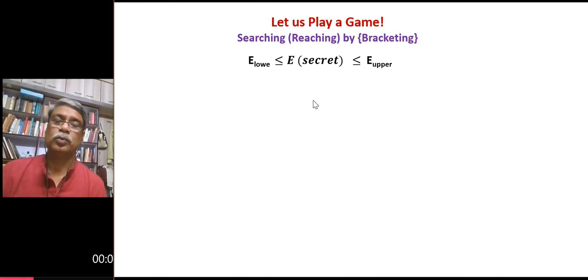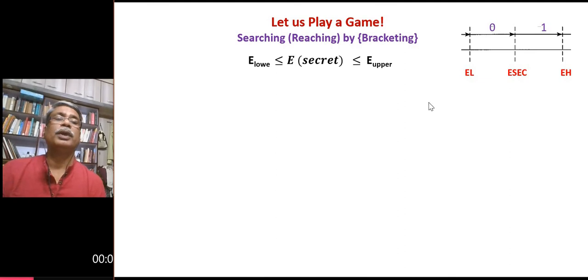So what we can do, we can follow such a logic. We take first the lower bound and upper bound, say EL for lower and EH for higher, and somewhere here suppose the secret value is there. My initial guess would be simply to take the average of EL and EH, and I don't know where that average value would be.